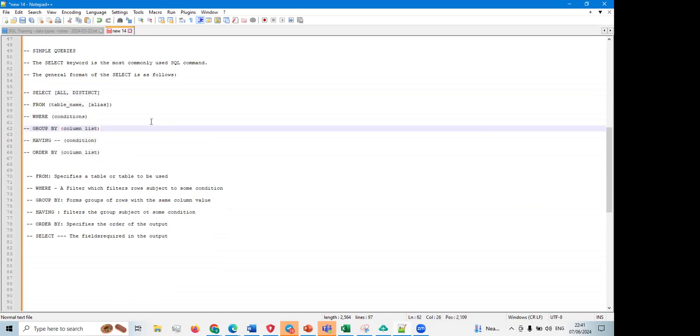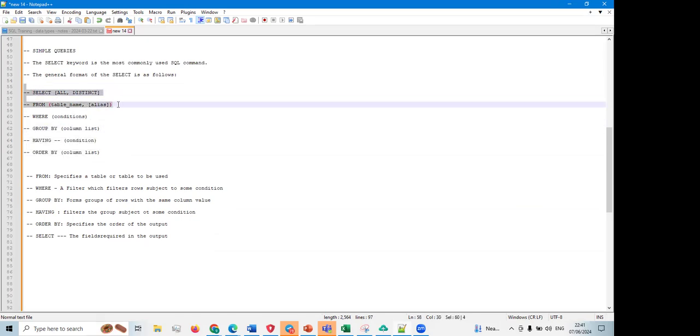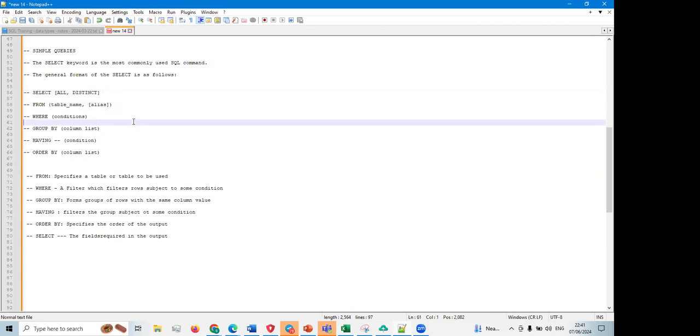But always you would use the first two, no matter what, unless, of course, you are not running a query. And there are other things you can do on the database without necessarily running a query.